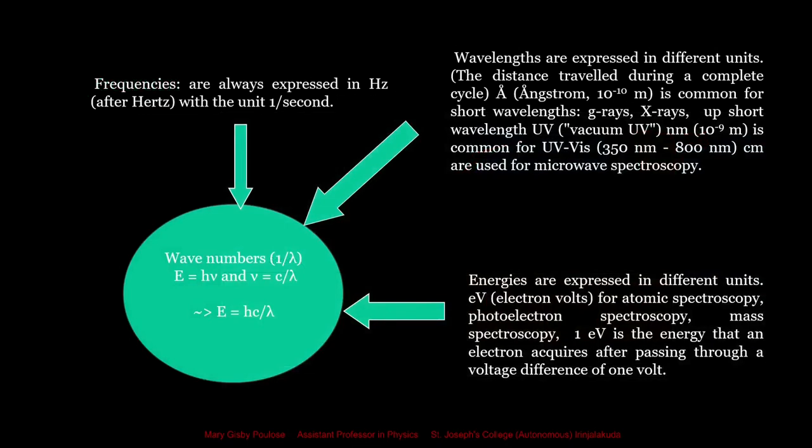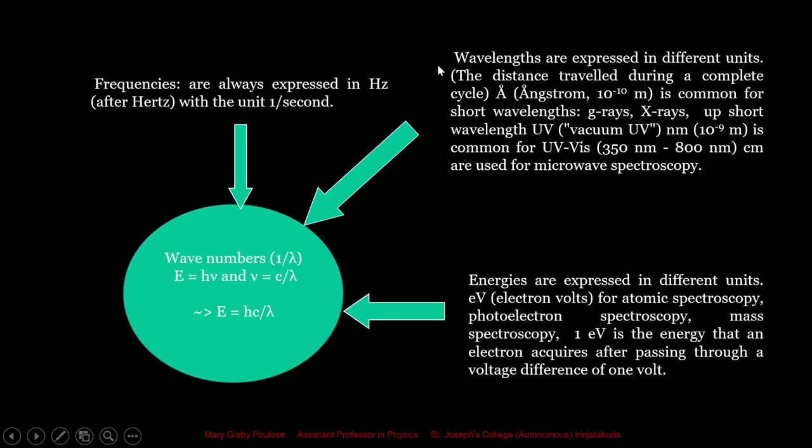This electromagnetic spectrum consists of waves, and we signify a wave by representing its frequency or its wavelength or its energy. Now the frequency is always expressed in hertz. Its unit is 1/second.